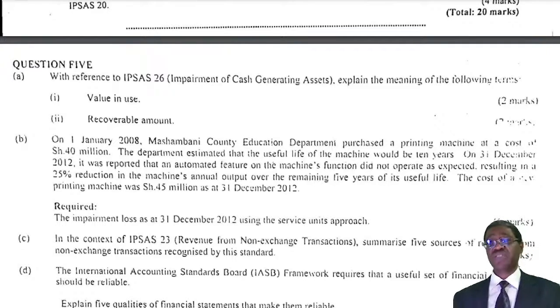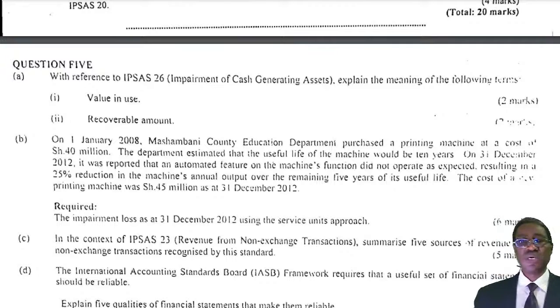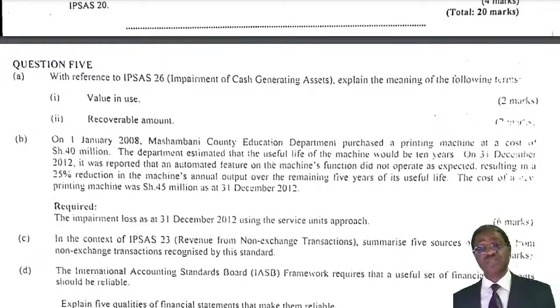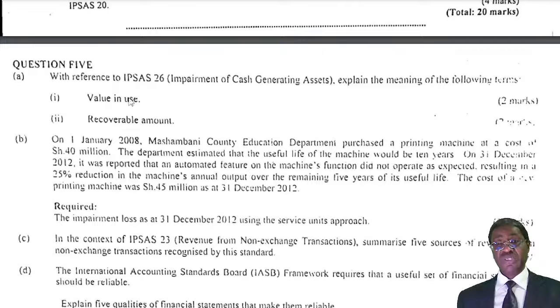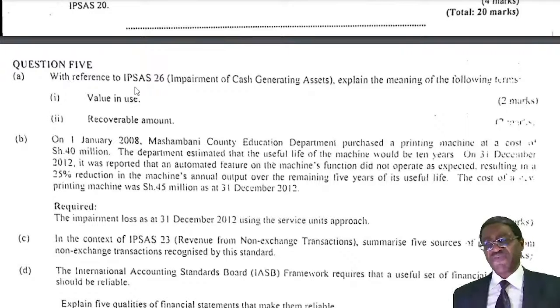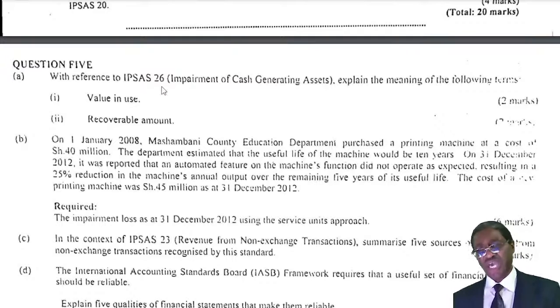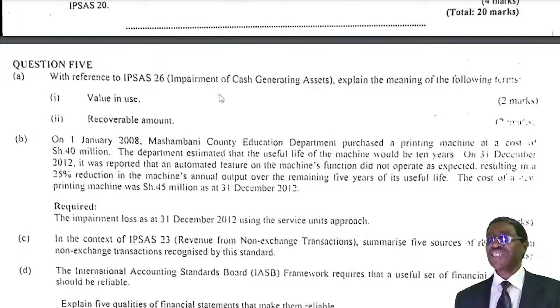So let me read it. It was question 5B again. It says, with reference to IPSAS number 26, impairment of cash generating assets, mark you, explain the following terms: 1.